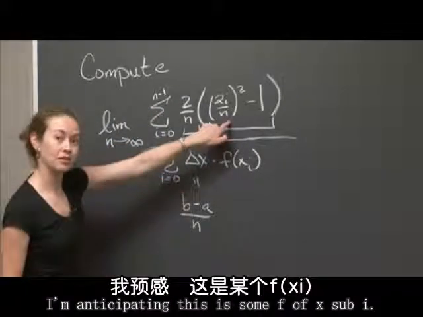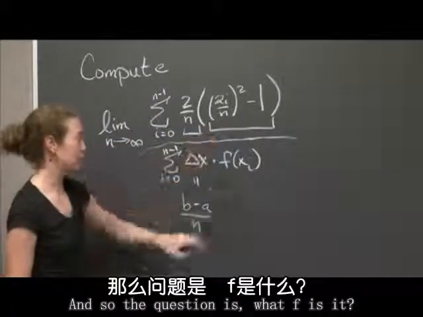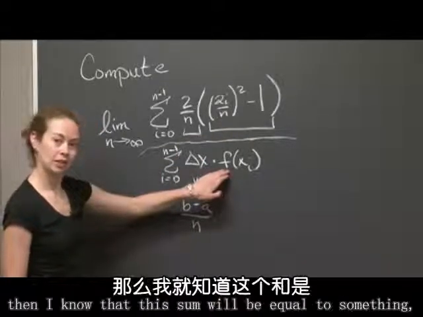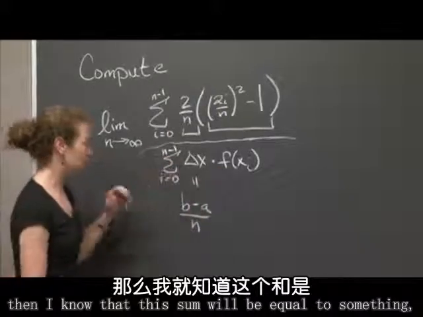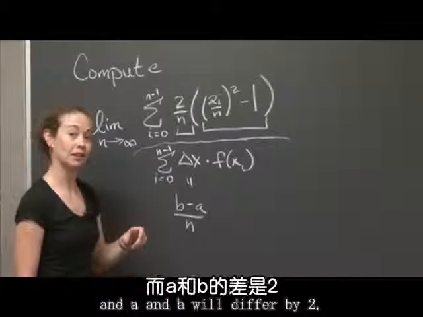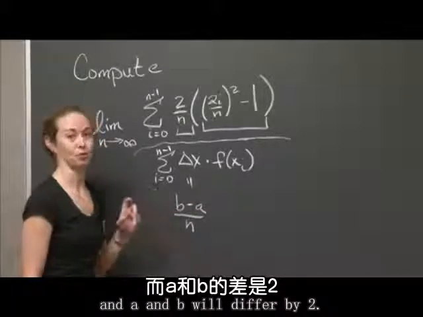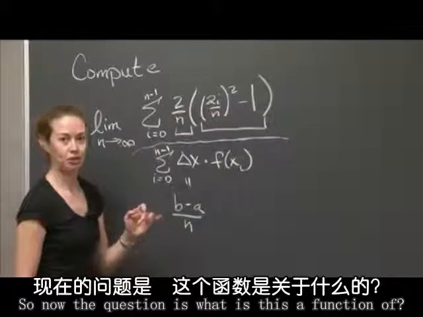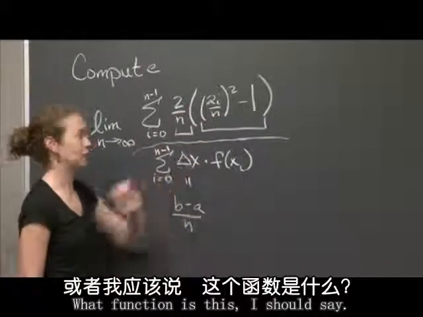I'm anticipating this is some f of x sub i. And so the question is, what f is it? If I know what f it is, then I know that this sum will be equal to the integral from a to b of f of x dx, and a and b will differ by 2. So that's where I'm heading. So now the question is, what function is this?